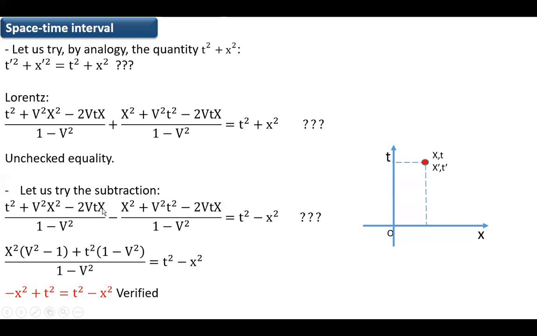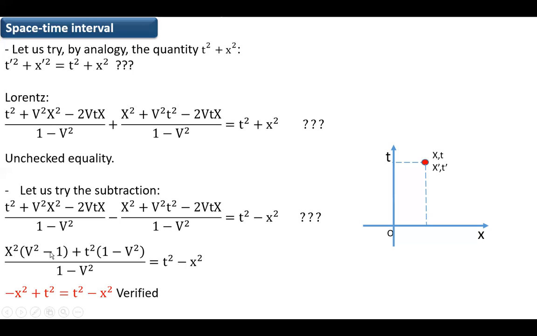And minus 2vtx, minus times minus, so plus 2vtx. So these two quantities are cancelled. You will get this equation, x squared times (v squared minus 1) plus t squared times (1 minus v squared), over 1 minus v squared, which is equal to t squared minus x squared.